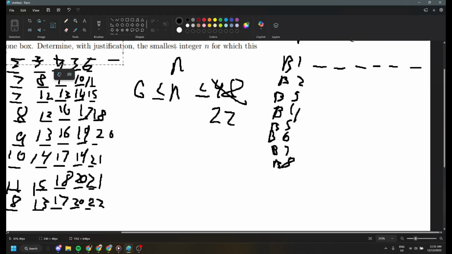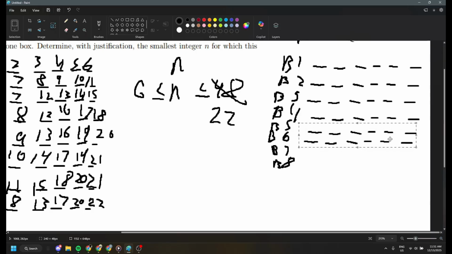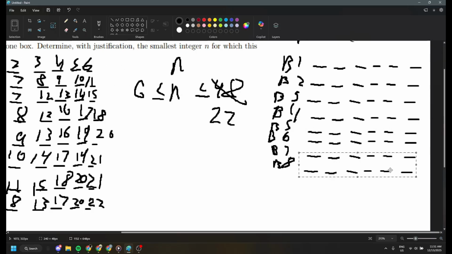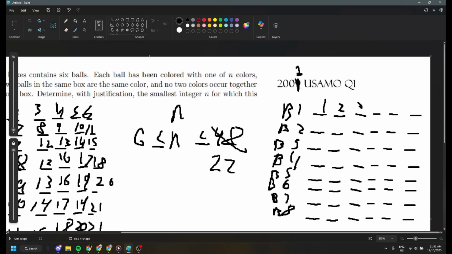Just copy and paste this. 1, 2, 3, 4, 5, 6, and 7. Okay, now we know it has to start with 1, 2, 3, 4, 5, 6.